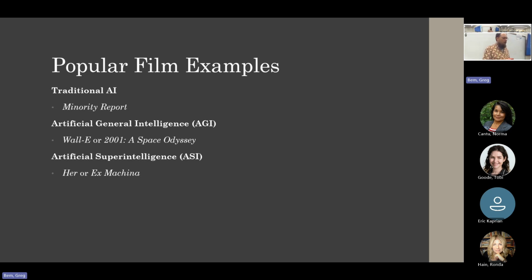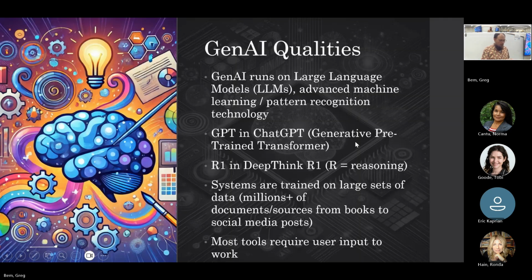And then for artificial superintelligence, Her or Ex Machina are examples where the AI in the end essentially leaves humanity because it's beyond, it doesn't need humanity to exist. It considers humanity lesser than itself. Yep, they're all good movies if you haven't seen them.